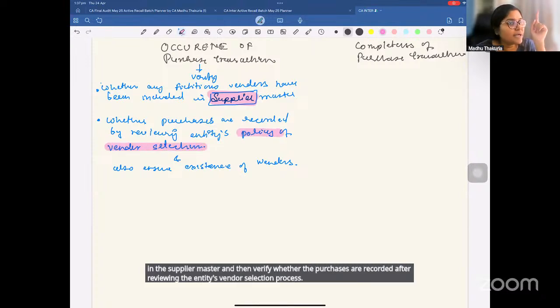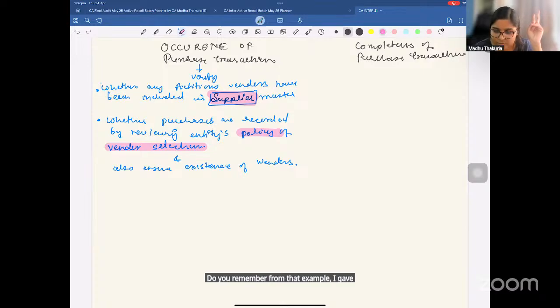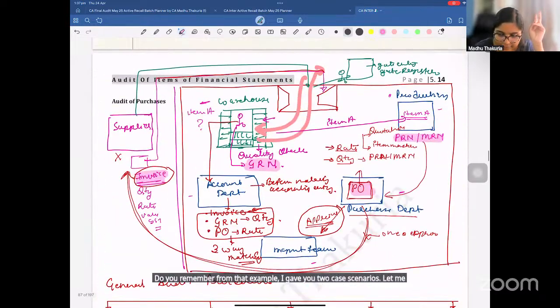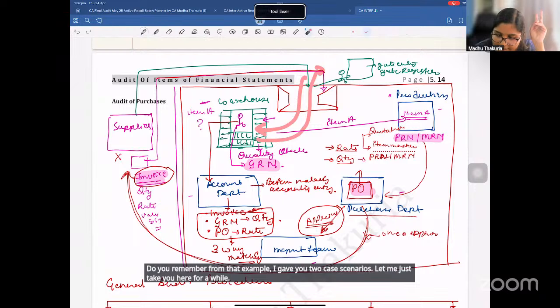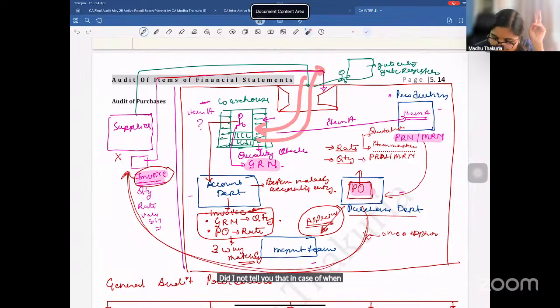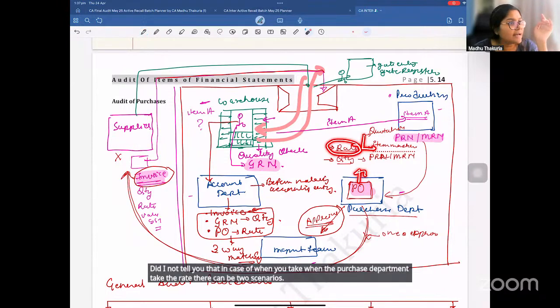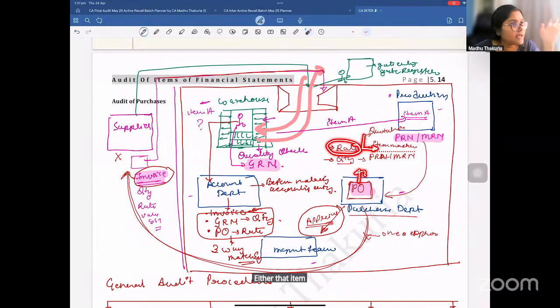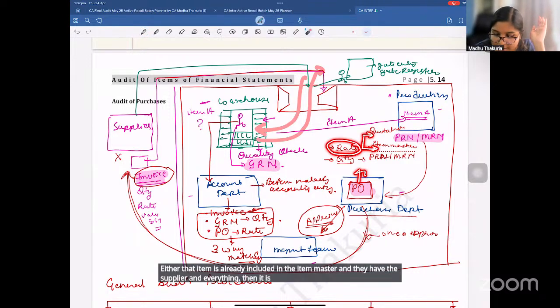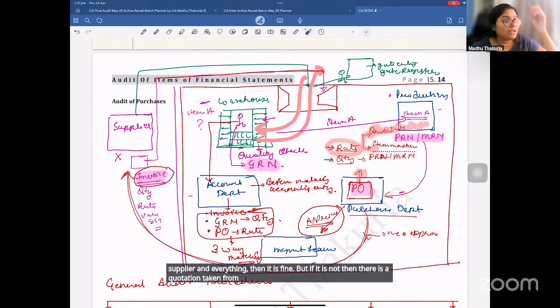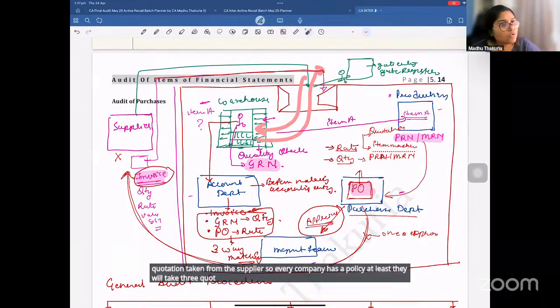Do you remember that example? I gave you two case scenarios. When the purchase department takes the rate, there can be two scenarios. Either the item is already in the item master and they have the supplier, then it is fine. But if not, a quotation is taken from the supplier. Every company has a policy, at least 3, 5 or 7 quotations before finalizing a vendor.